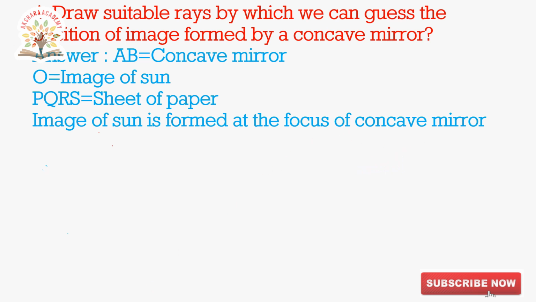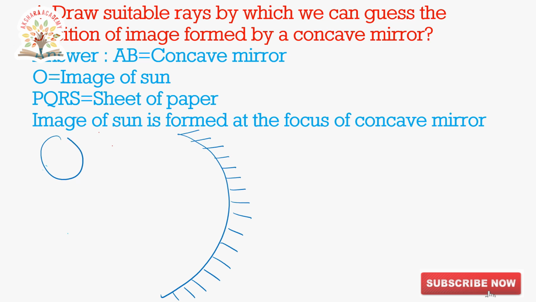Now let us discuss. Here, for example, this is a concave mirror and it is a polished surface and this is the reflecting surface. Here we are taking the sun and we are sending a parallel beam of light from the sun.